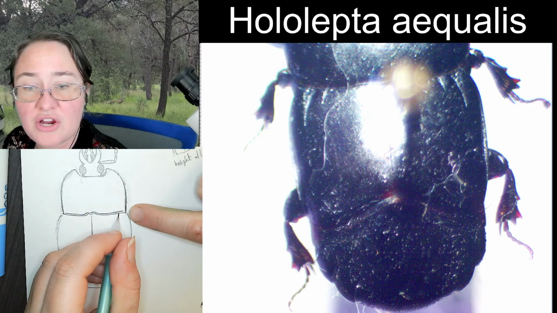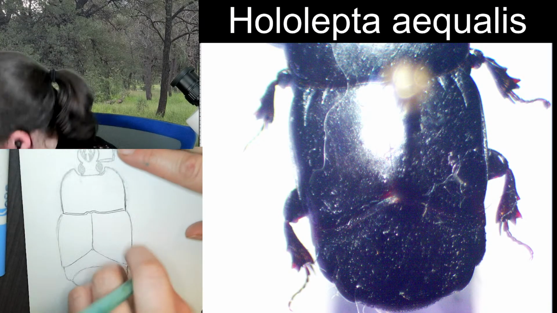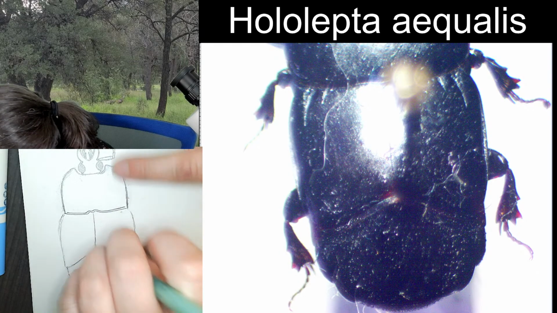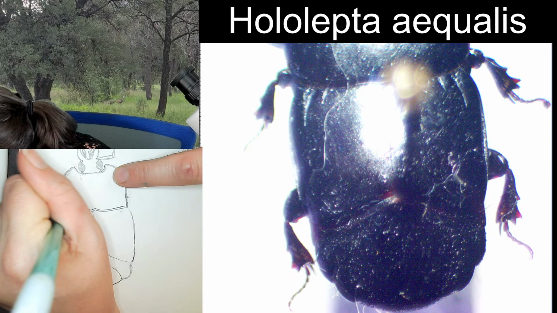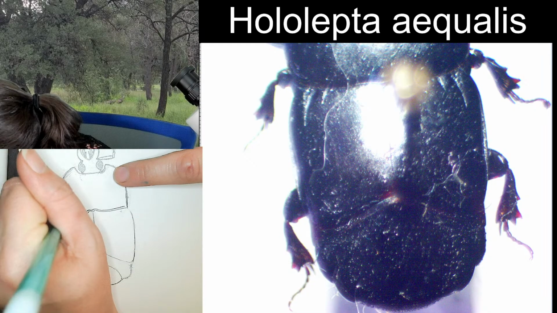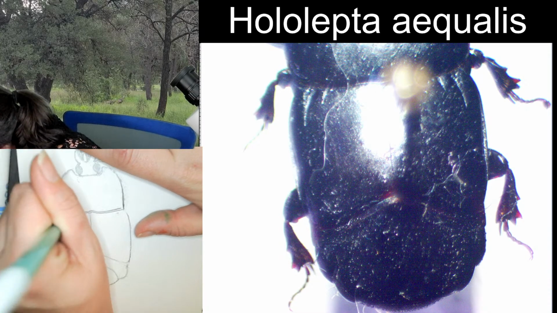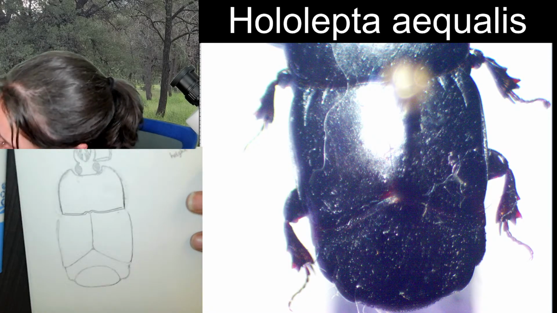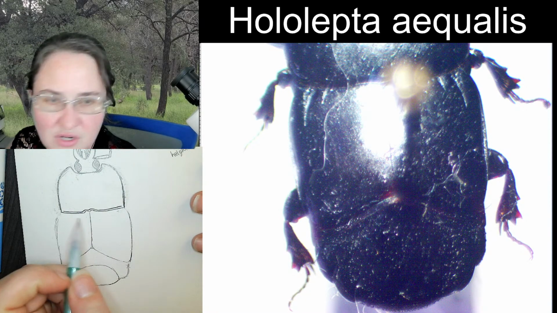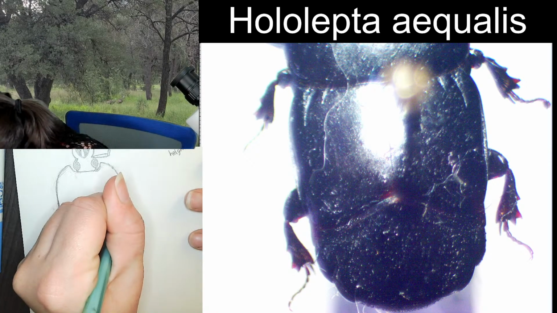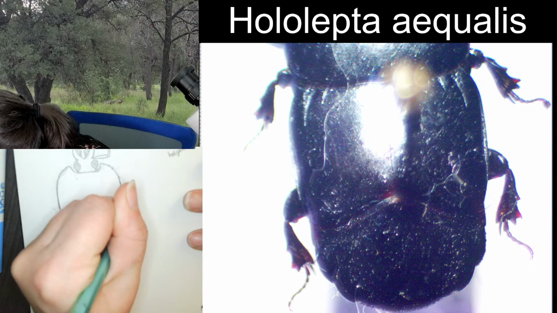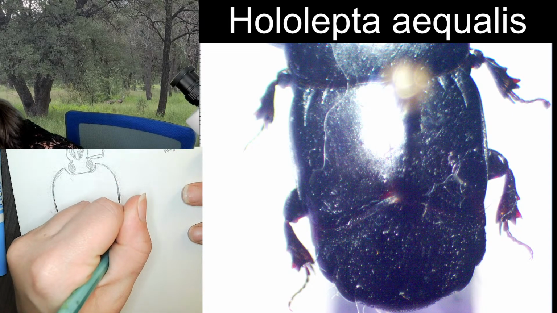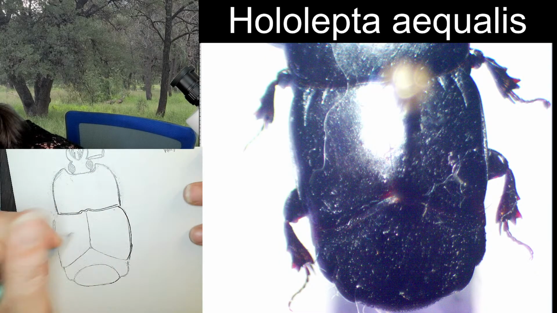I'm going to start inside the pronotum just a little bit more too. Starting right around here. Going out. I'm just going to go out a little bit past the planned line before coming back.